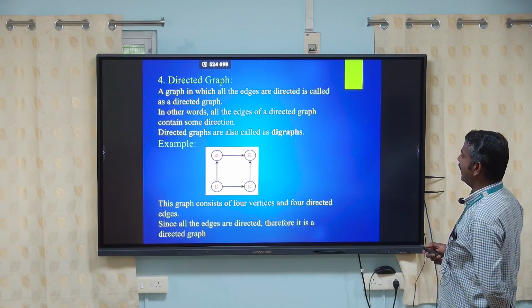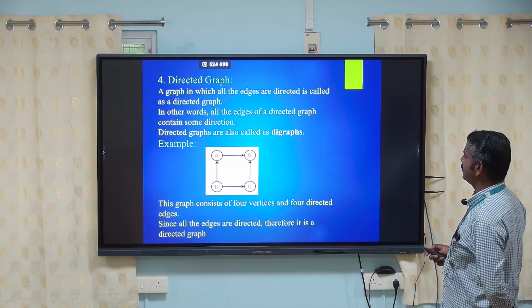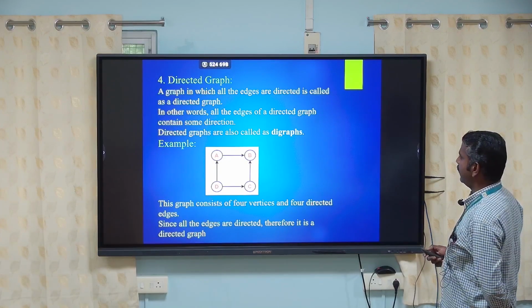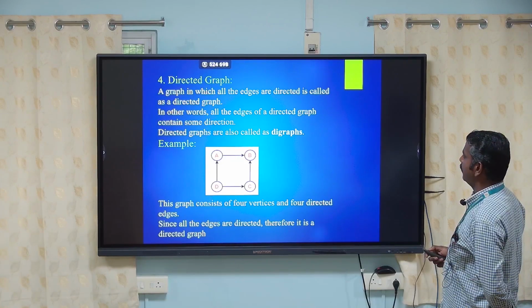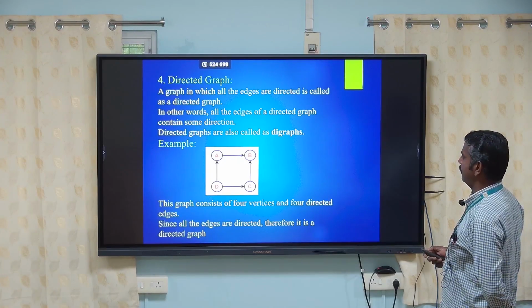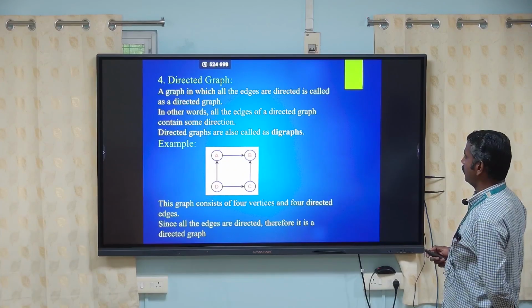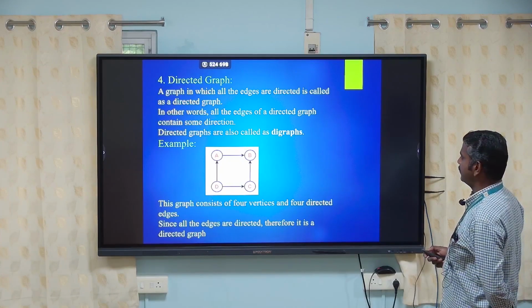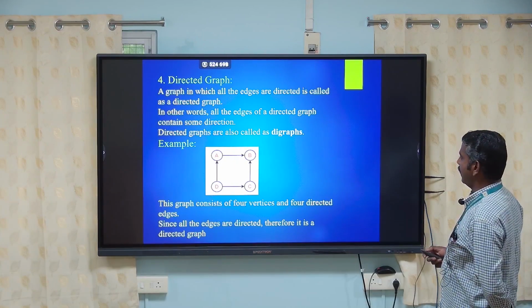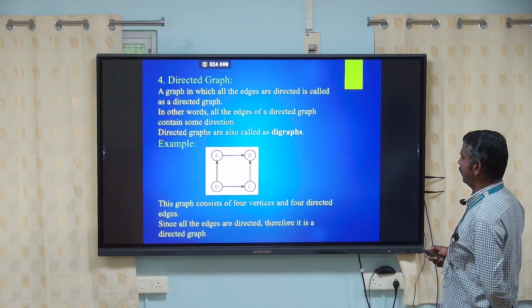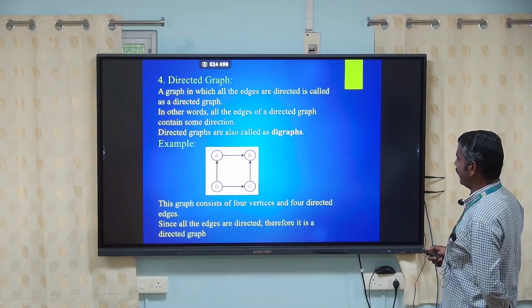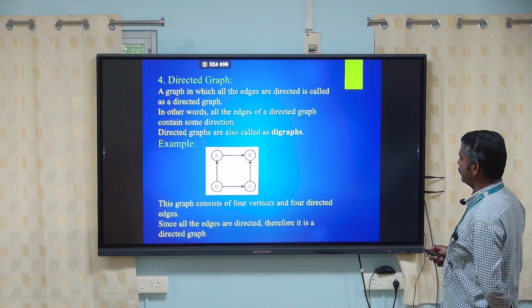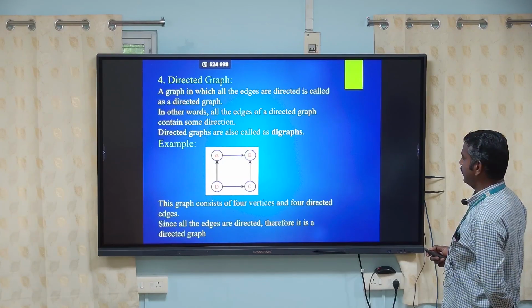Fourth one, directed graph. A graph in which all the edges are directed is called a directed graph. In other words, all the edges of a directed graph contain some direction. Directed graph is also called a digraph. For example, 4 vertices and 4 directions of the lines. This graph consists of 4 vertices and 4 directed edges. Since all the edges are directed, therefore it is a directed graph.